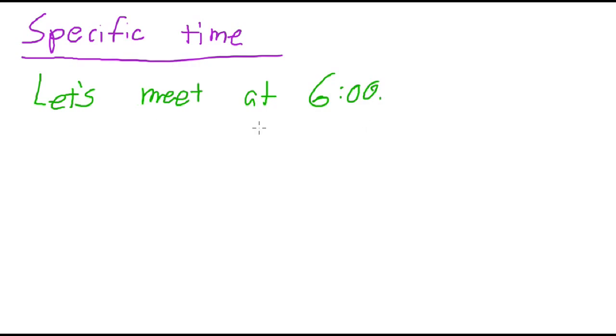Okay, so we can say, for example, let's meet at 6. Let's meet at 6 o'clock. But the big deal in this sentence, we say at 6 o'clock, correct? At 6 o'clock. So 6 o'clock is a specific time, and at is referring to it.